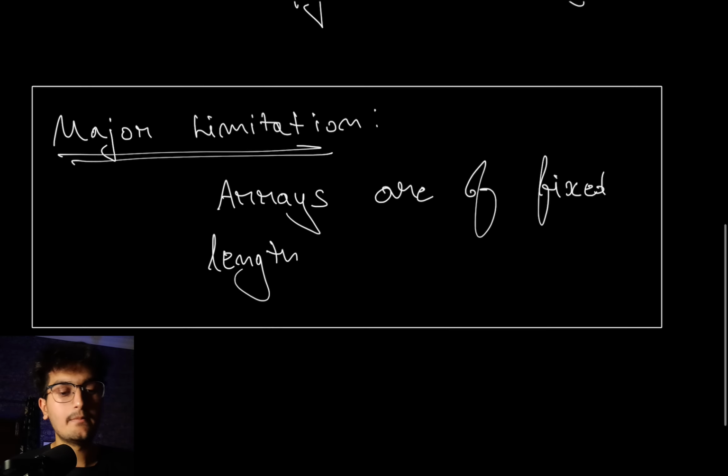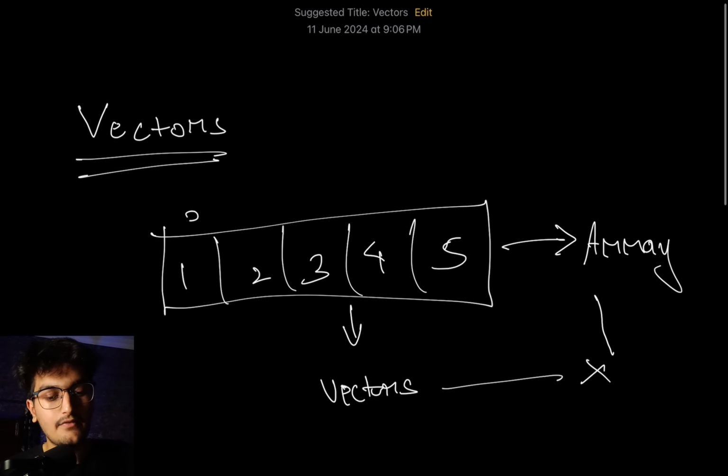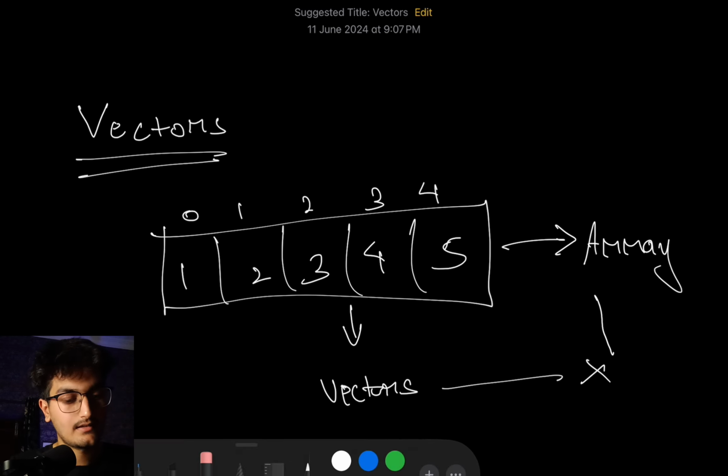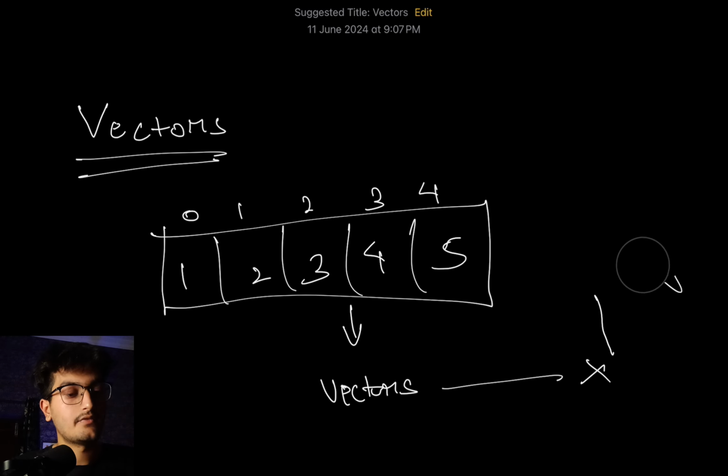What exactly do I mean by fixed length? If I write here the indices, we know that this array goes till index 4. And let's say I want to insert 6 on index 5.